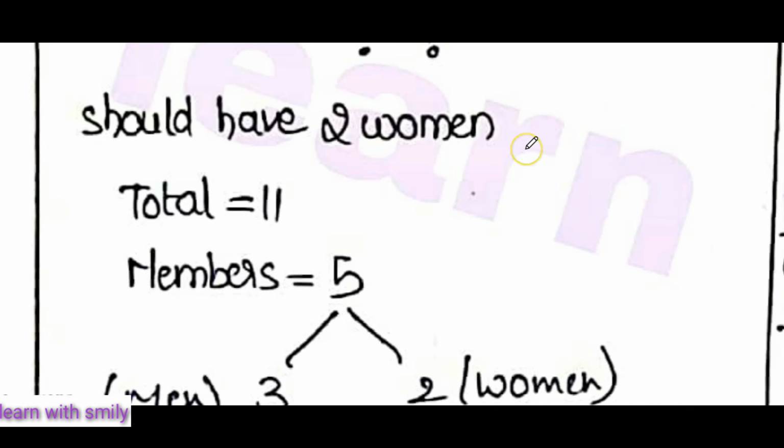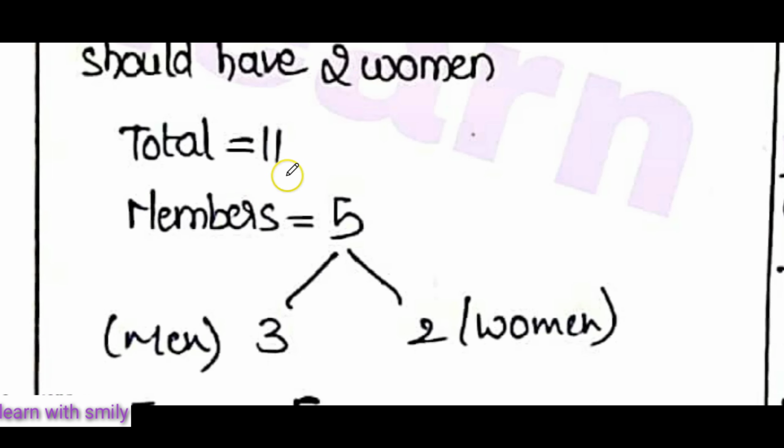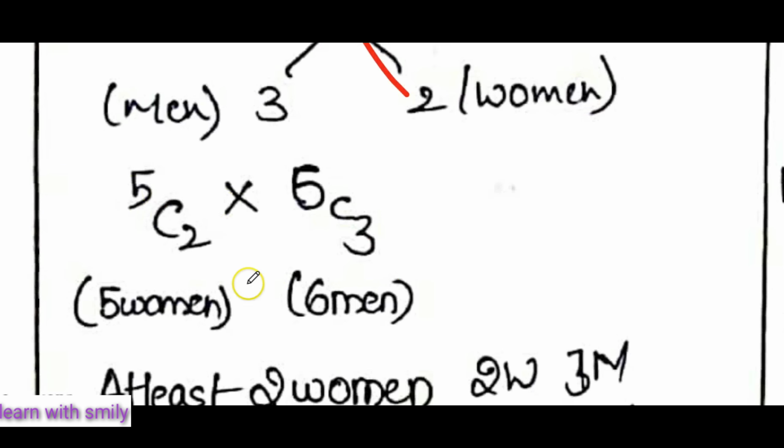The total is 11, but for the 5 members we have to differentiate: for sure there should be 2 women and the remaining should be men. Considering 5 women and 6 men, we will take 2 women and 3 men. So that's the reason for 5C2 and 6C3.